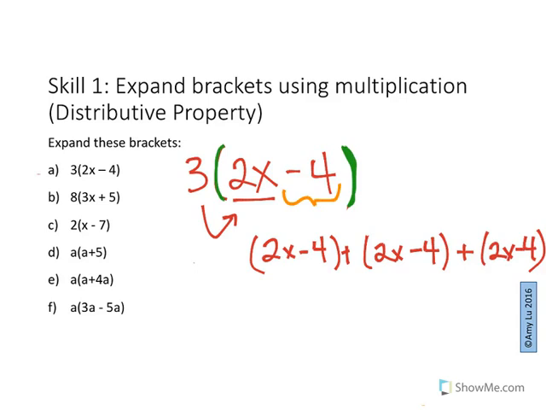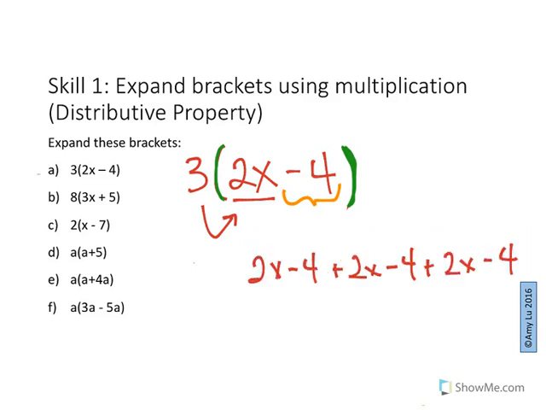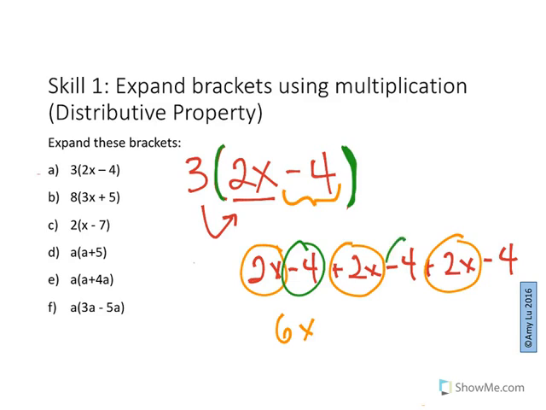So now we have to combine the like terms. If we take off all the brackets here, because we don't really need the brackets, now all we have to do is just combine the like terms. 2x plus 2x plus 2x, that's 6x. And then minus 4, minus 4, minus 4. Minus 4 3 times is minus 12. So that's another way to approach it.